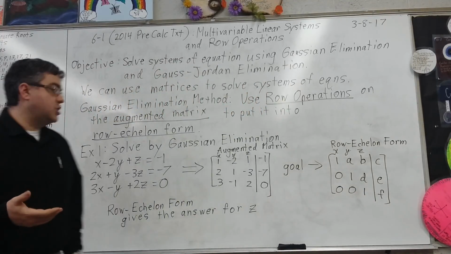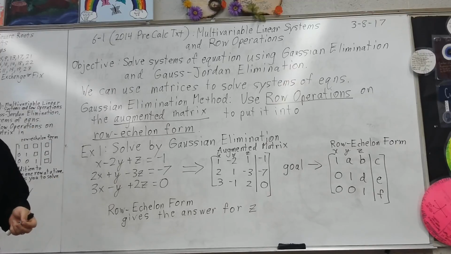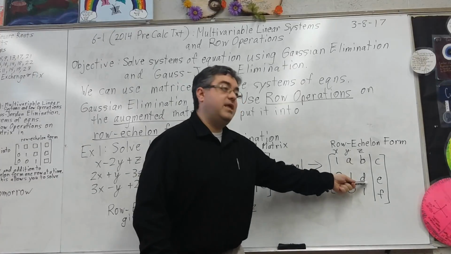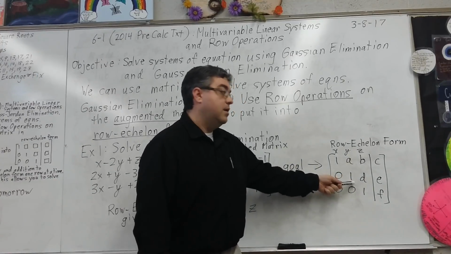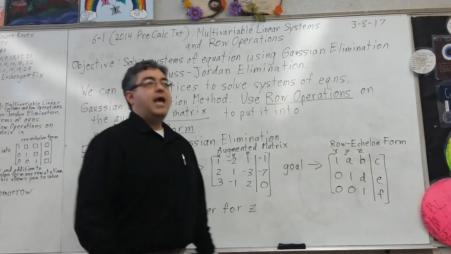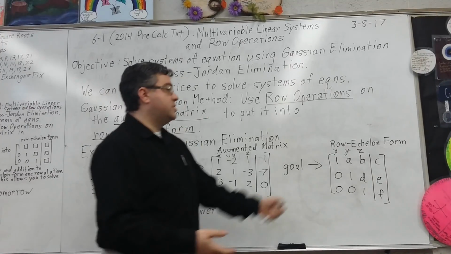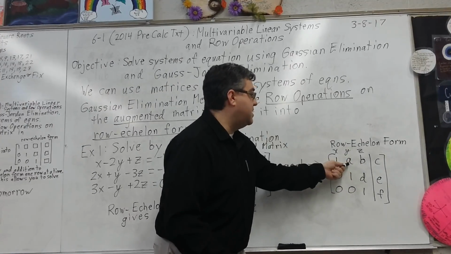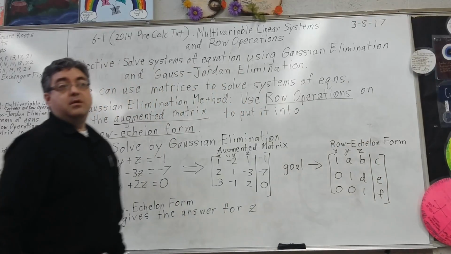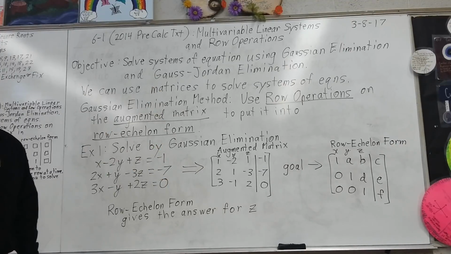So you get the answer for that last variable, and then you can go up to the row with Y plus D times Z equals E, plug in Z, and figure out Y. And once you have Y and Z, you can plug them in and figure out X. So you start from the bottom and work your way up, and that's how you get all the answers.